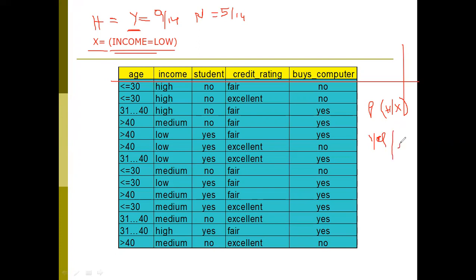Income equal to low is X here. Income equal to low. Okay, this is the posterior probability which we have to find out, right? And for this, what is the formula we have?